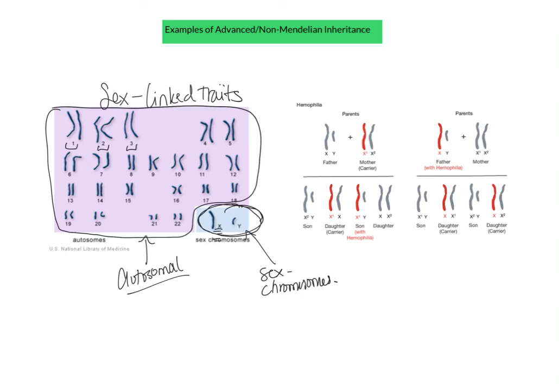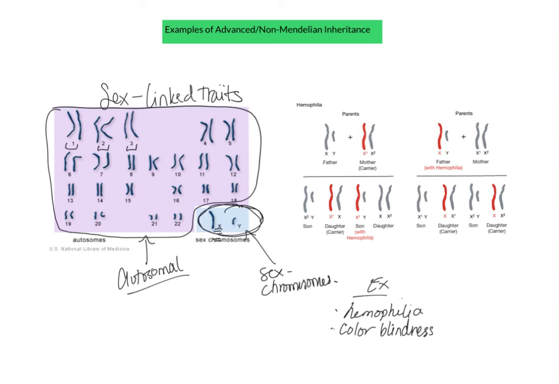Many more genes are found there. Some examples that we're going to see are things like hemophilia, a genetic disease that leads to the phenotype of excessive bleeding or the inability to form blood clots, or color blindness as well. Both are caused by mutations found in genes on the X chromosome.